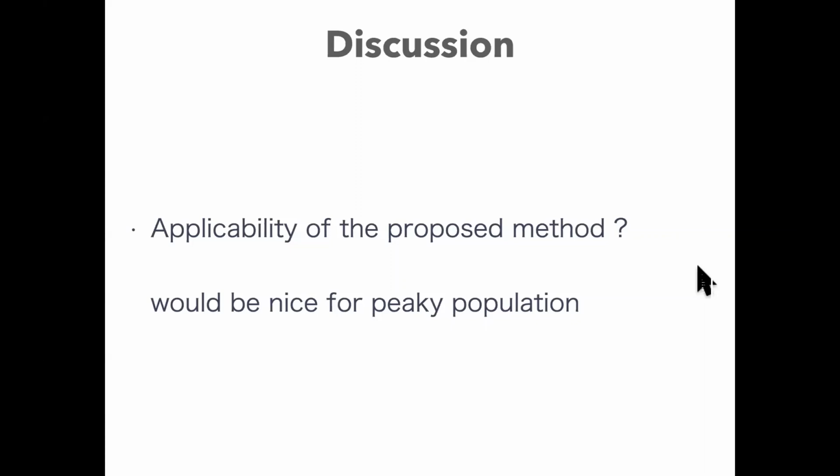I didn't show that result in this talk, but you can see the experiment in my journal paper or the paper on arXiv. In our preliminary experiments using artificial datasets generated from Gaussian and Laplacian distributions, the performance of our method in the Laplacian case is very nice compared to the Gaussian case.